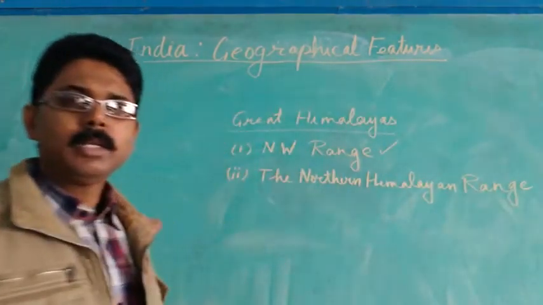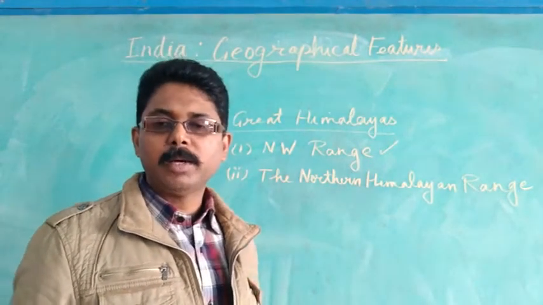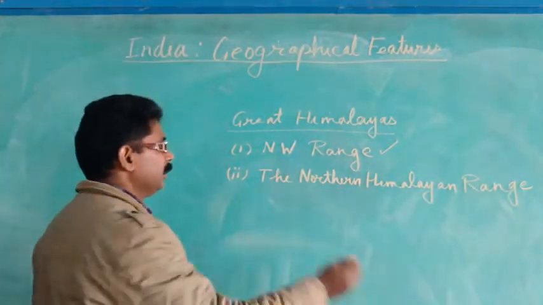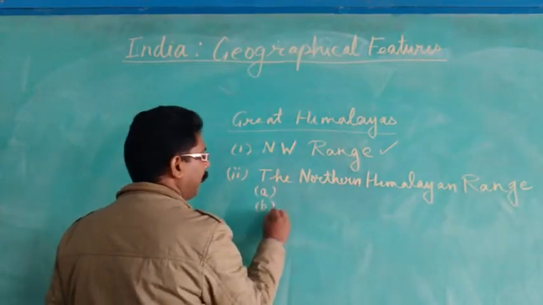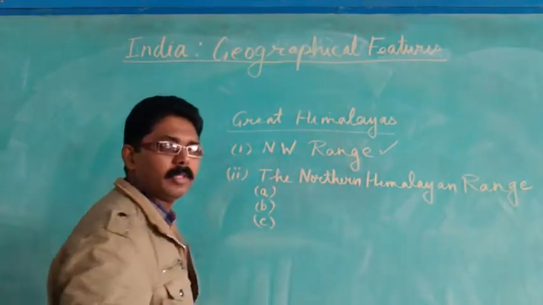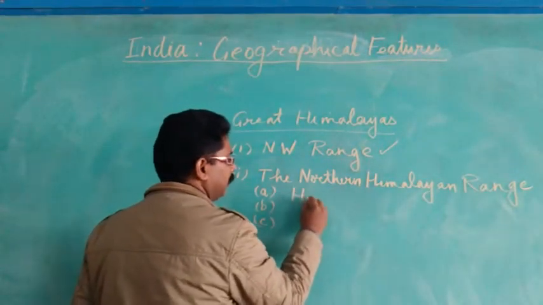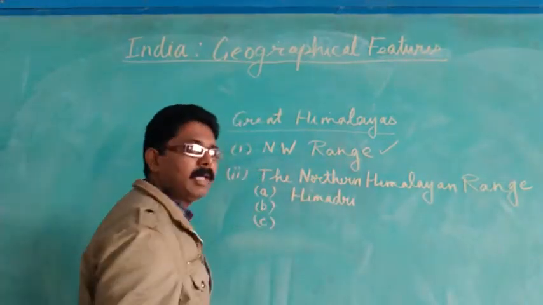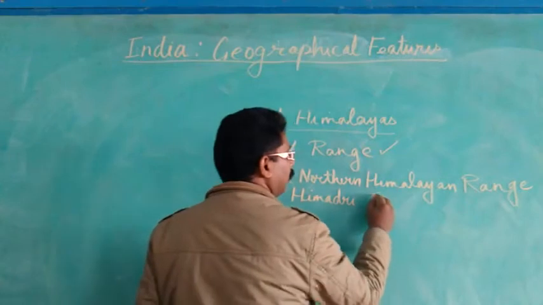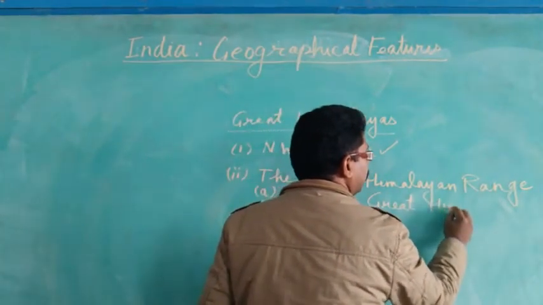Now this northern Himalayan range again is divided into three parallel ranges. What are they? The first is the Himadri. This Himadri is also known as the Great Himalayas.